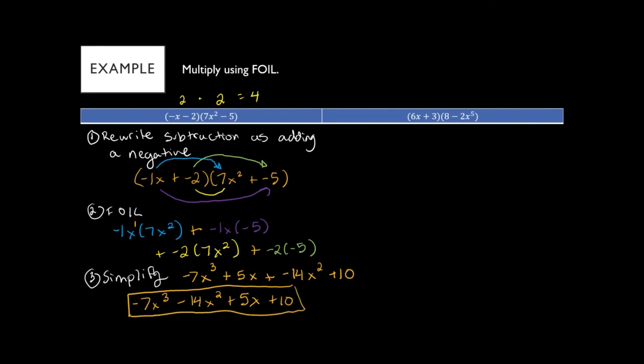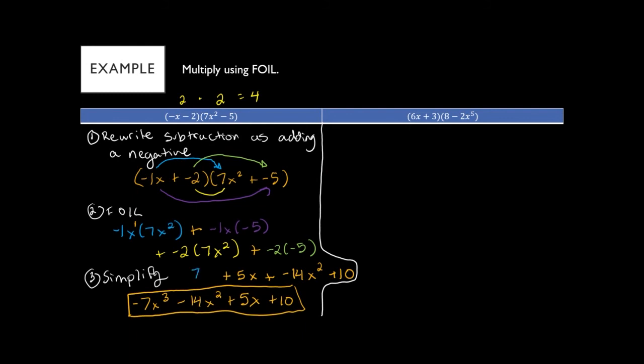In this example, I've demonstrated how you could use color coding in your notes. I did each step of FOIL in a different color, and that helps when you're checking your work, because then you know what you multiplied together to get that color. And you can even continue with the color coding in the next step.